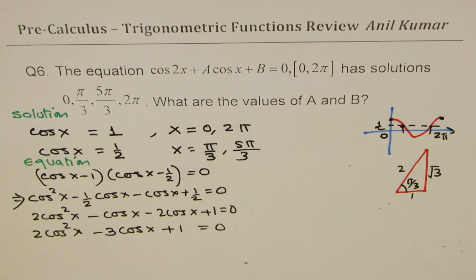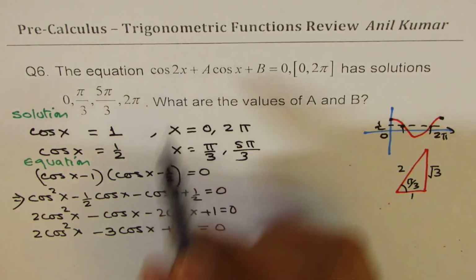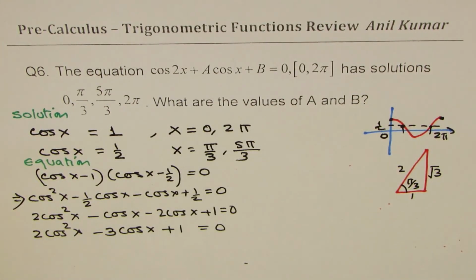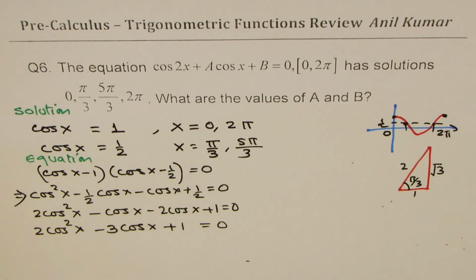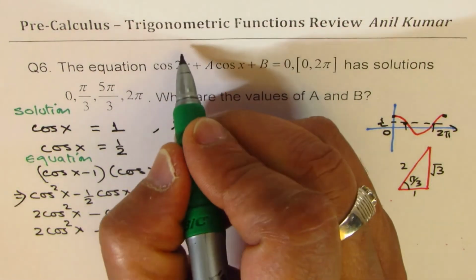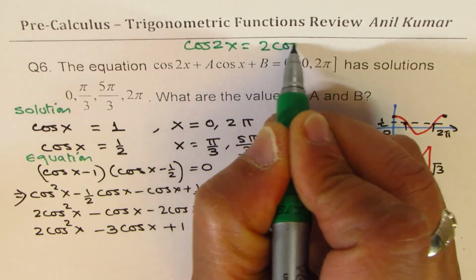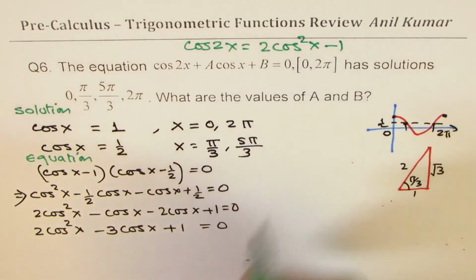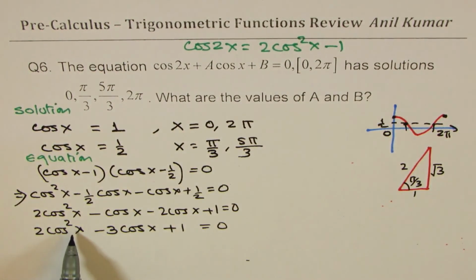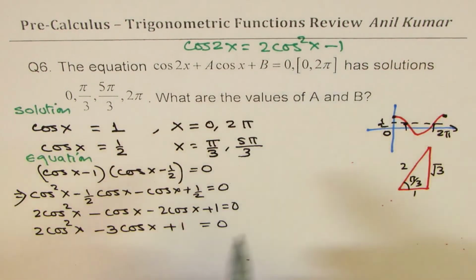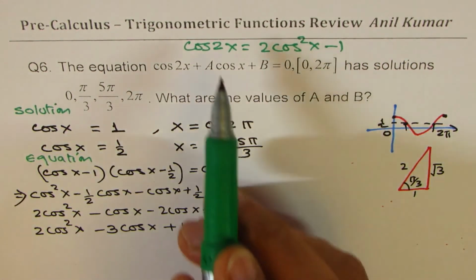Do you see that? Now how do you get cos 2x from cos square x? Well, I hope you remember the formula, which is double angle formula. The formula is cos 2x is equals to 2 cos square x minus 1. So we have 2 cos square x. If I do minus 1, then I get cos 2x.